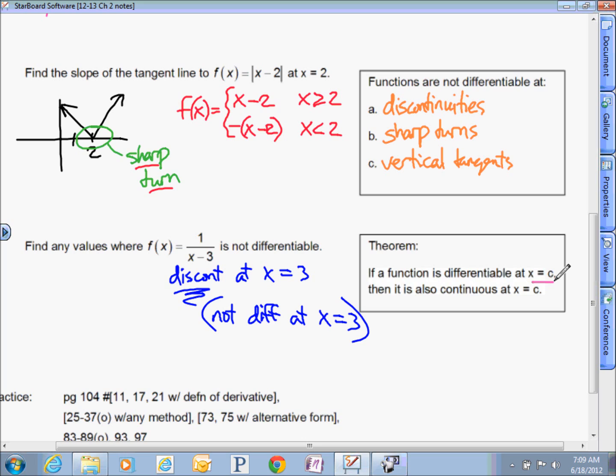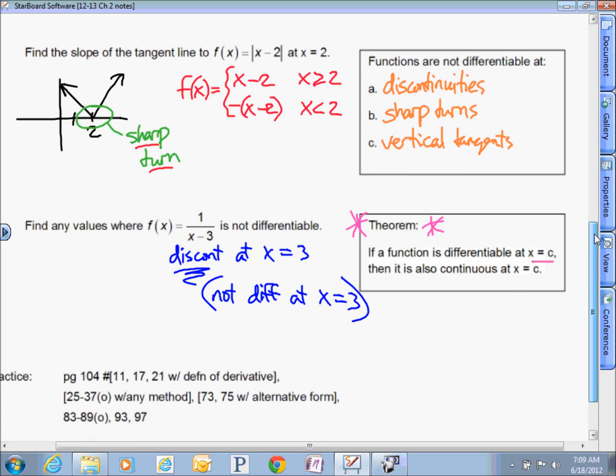File this one away, because as we start studying AP material, these are some of the more detailed things we're going to need to come back and review. So if a function is differentiable at a number, then it's also continuous at that number. And there's some of your practice stuff. So there are ways to figure out if a function is or is not differentiable at an x value.